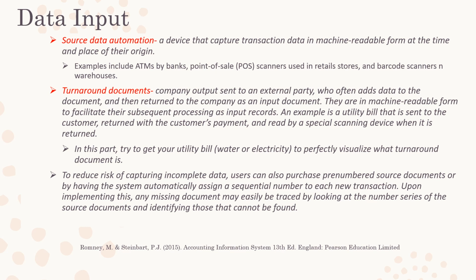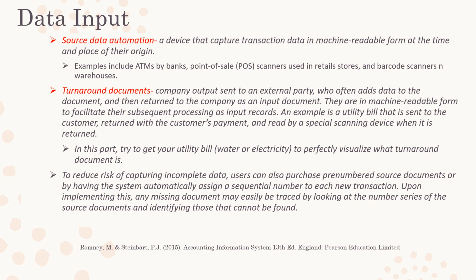So examples here are ATMs by banks, the POS, the point of sale, used in retail stores, the barcode scanners in the warehouse. And for the turnaround document, we also want to make sure that it is machine readable. So our goal here is to make our data input accurate.